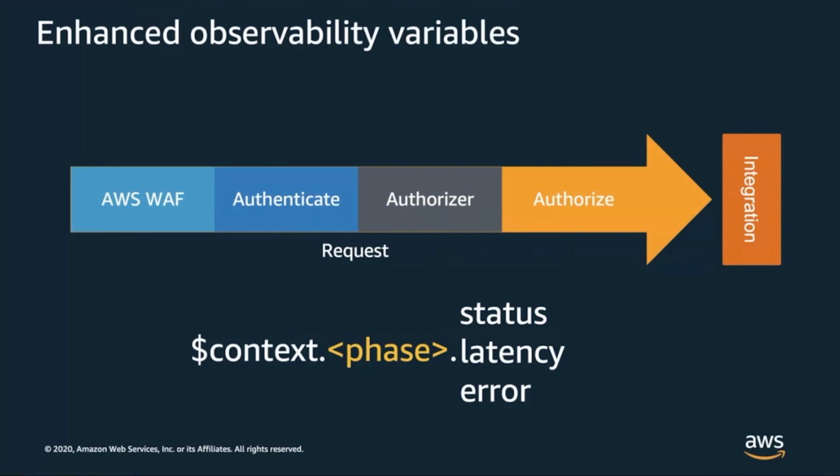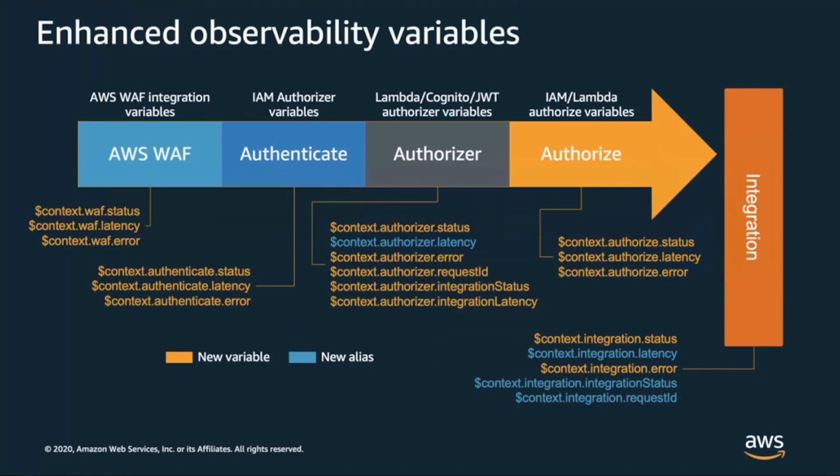And again, it covers the phase and then various information about it. And so what we can get here now is a whole bunch of new information about the process. Again, depending on what you've configured for an authorizer, depending on whether or not you have WAF, these context variables would exist.